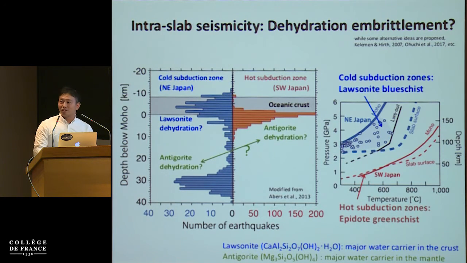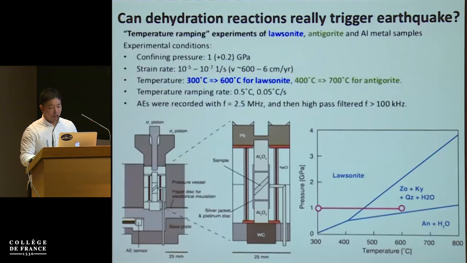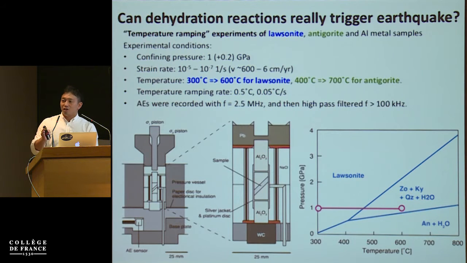I like experiments, so I ran a kind of simple experiment in the lab. I put the sample into the pressure vessel here, sandwiched it with strong material, and just sheared it. During shearing, we changed the temperature to induce the dehydration reaction.